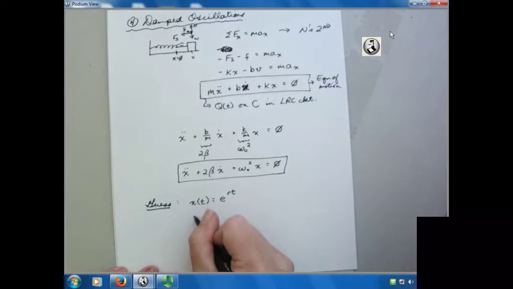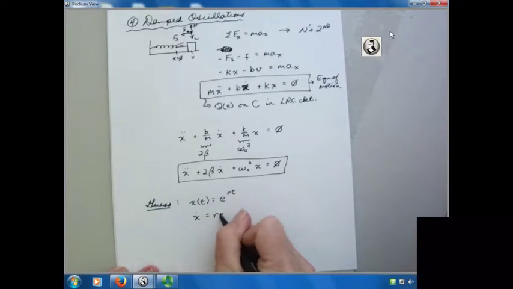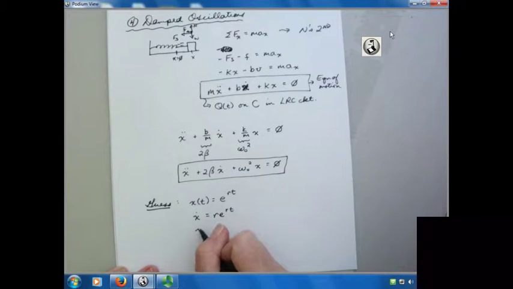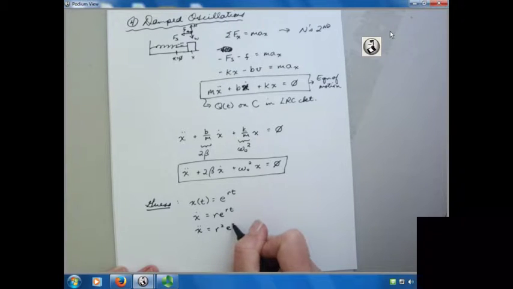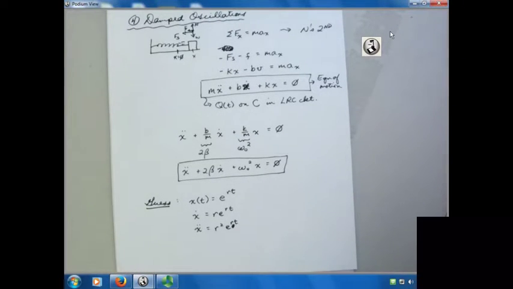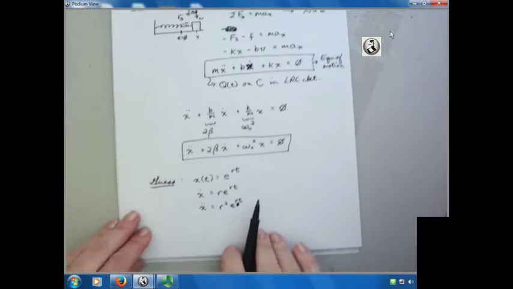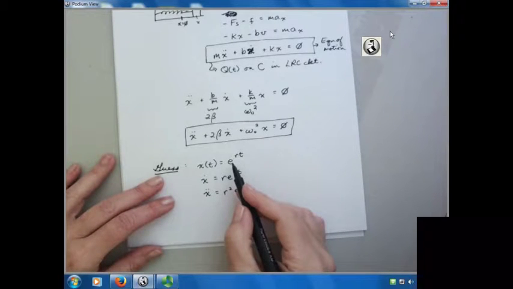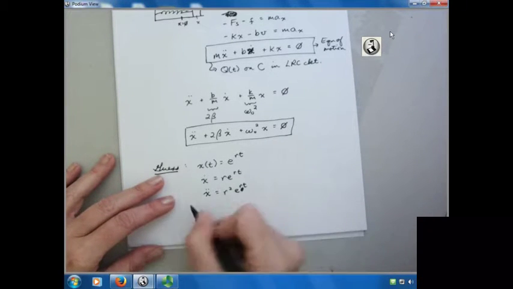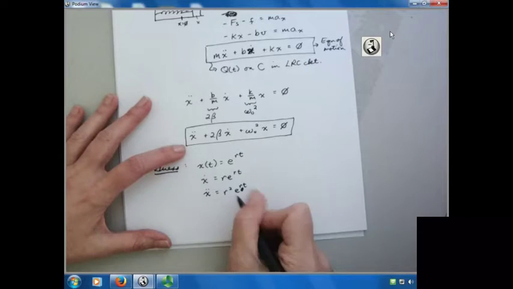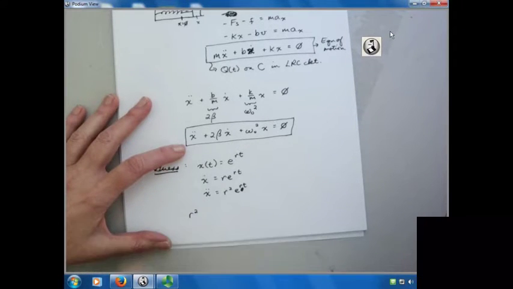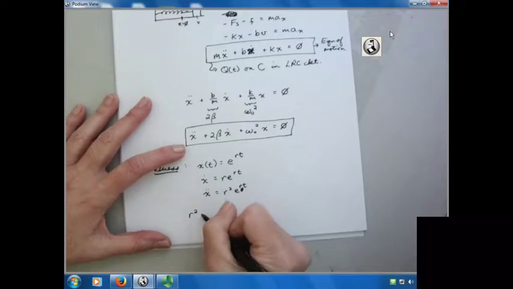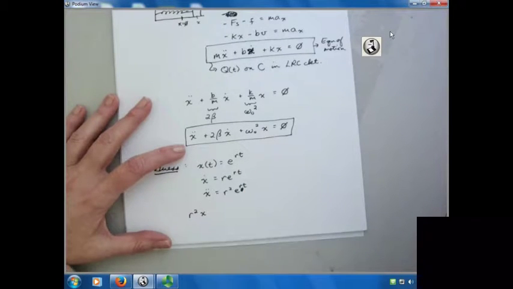In this case, x dot is r e to the rt, x double dot is r squared e to the rt. Okay. Let me now plug that back into my equation of motion and see what I get. x double dot gives me r squared times e to the rt, which I'm going to call x.